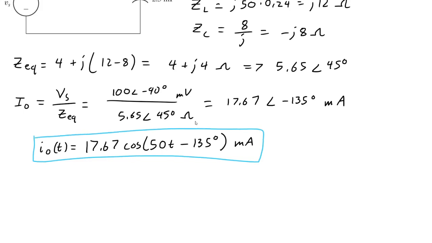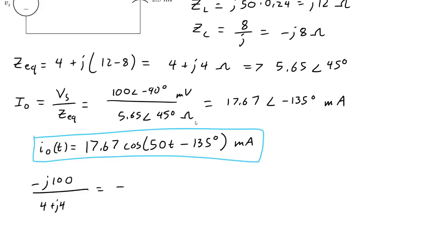If you're like me, you may like working in complex numbers instead of phasors when calculating these things. In which case, instead of 100 with the phase angle of minus 90, it'll be minus j100, and then we'll have the same impedance we had before, 4 plus 4j.